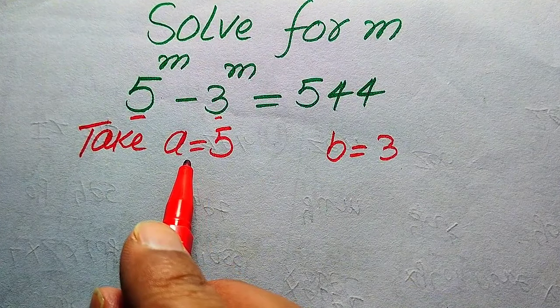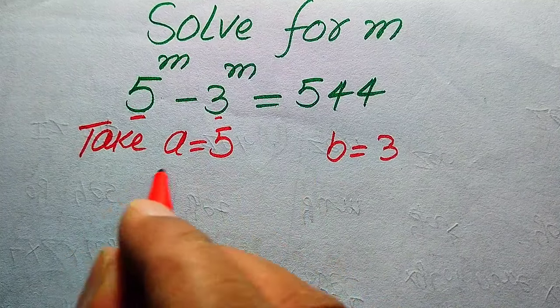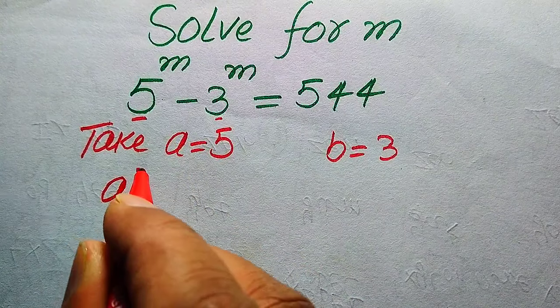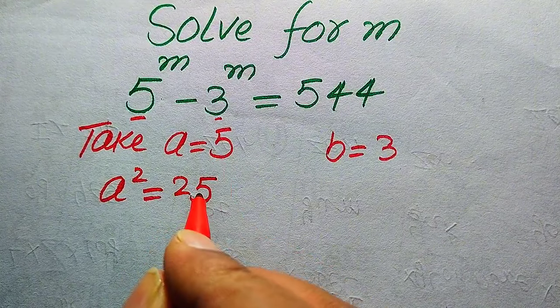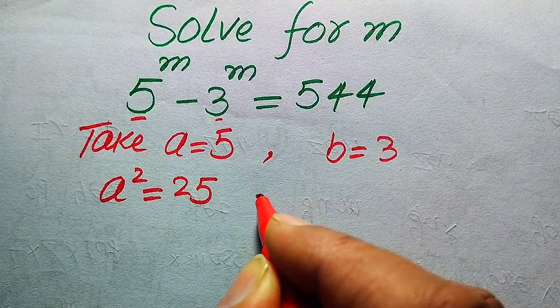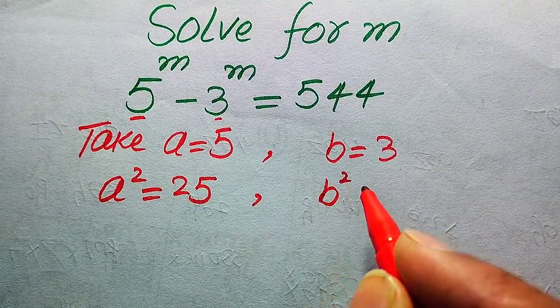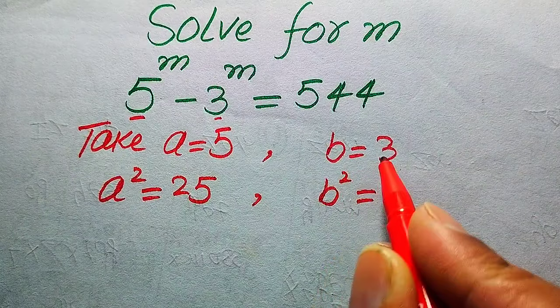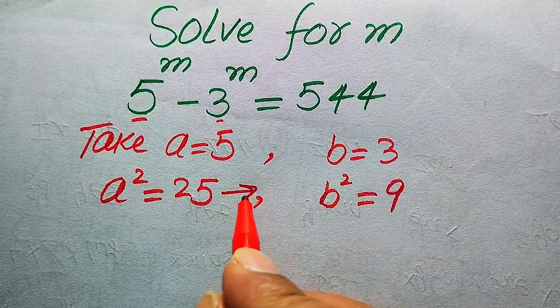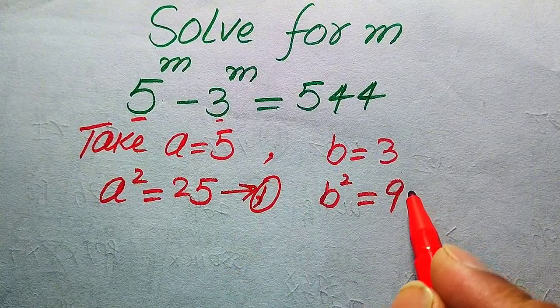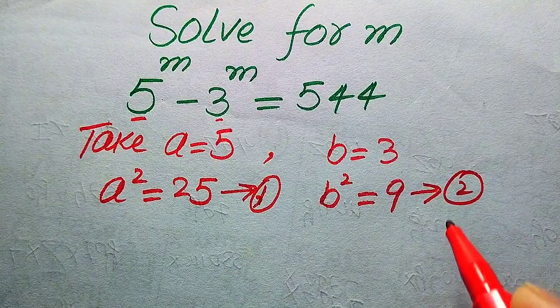Further we need to take a square on both of these terms. When we apply the square on a, a square becomes 25, because 5 square is 25. In the same pattern, when we apply the square on b, we have 3 square, and 3 square becomes 9. We call this equation number 1, and this is our equation number 2.